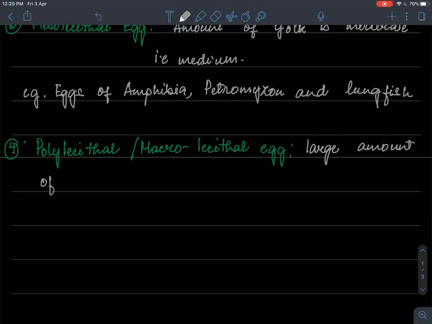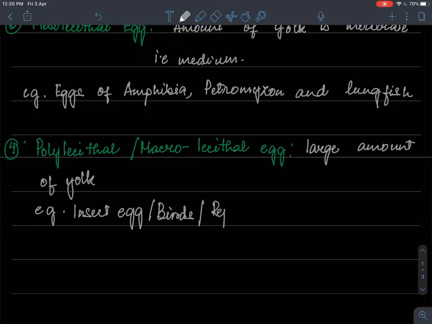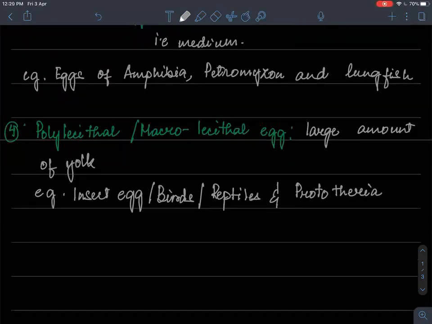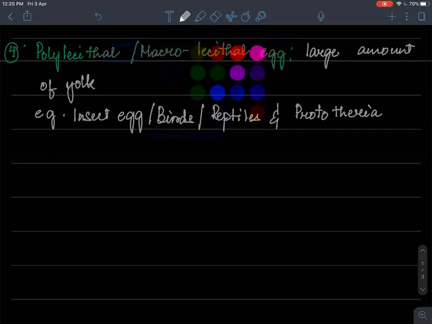As for example, insect egg. A very important question comes: insect egg is which kind of egg? It is macrolecithal. Birds, the chicken eggs you eat, then reptiles, and prototherian animals. An example of prototherian, which you've studied before, is the duckbill platypus. So this is on the basis of the amount of yolk.